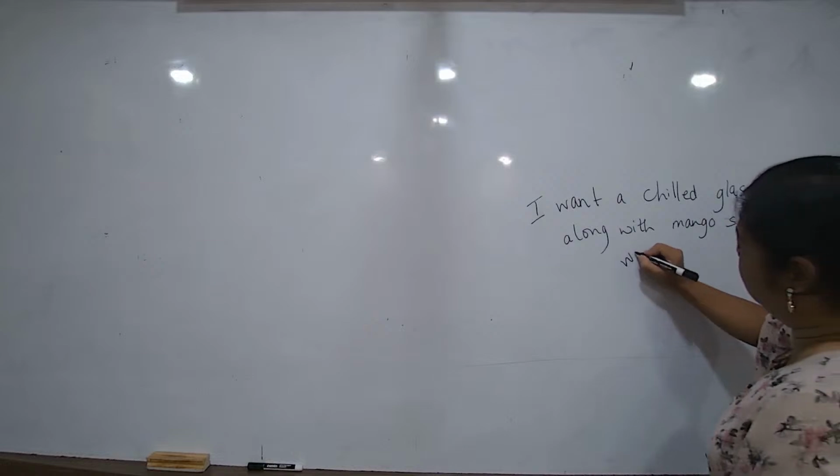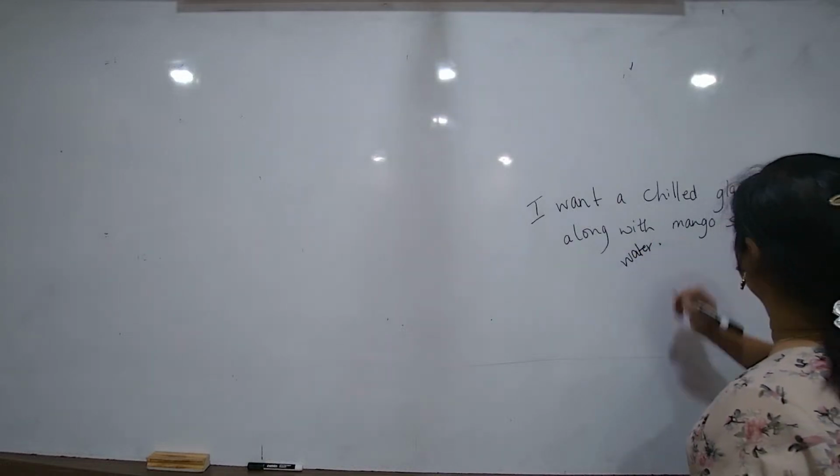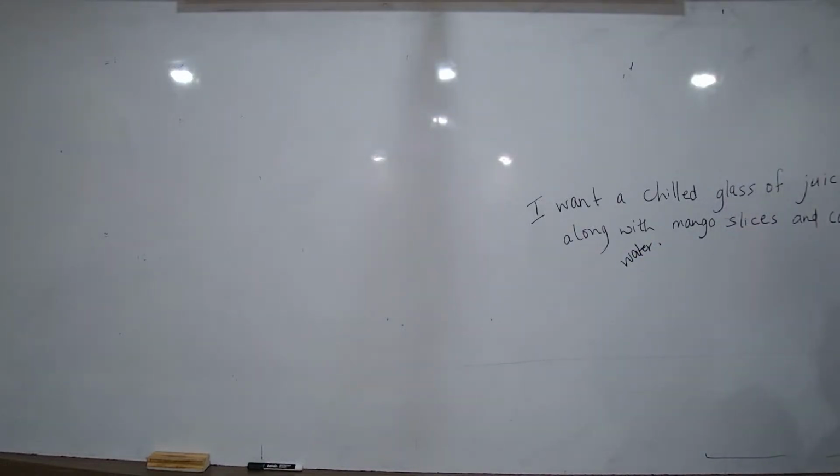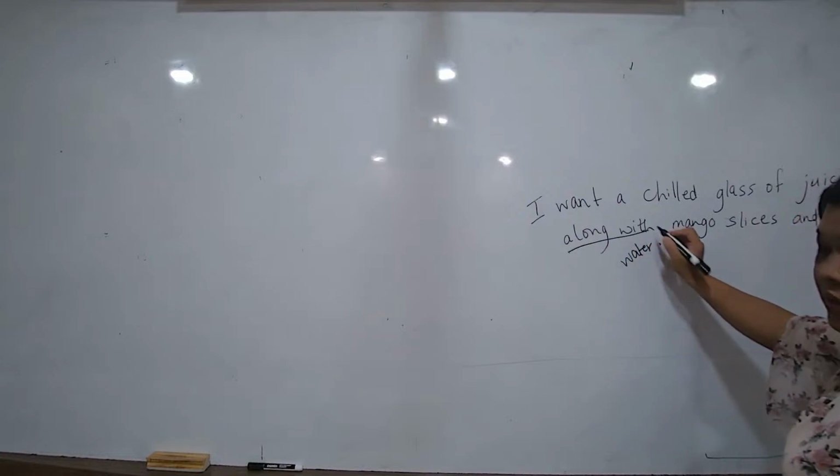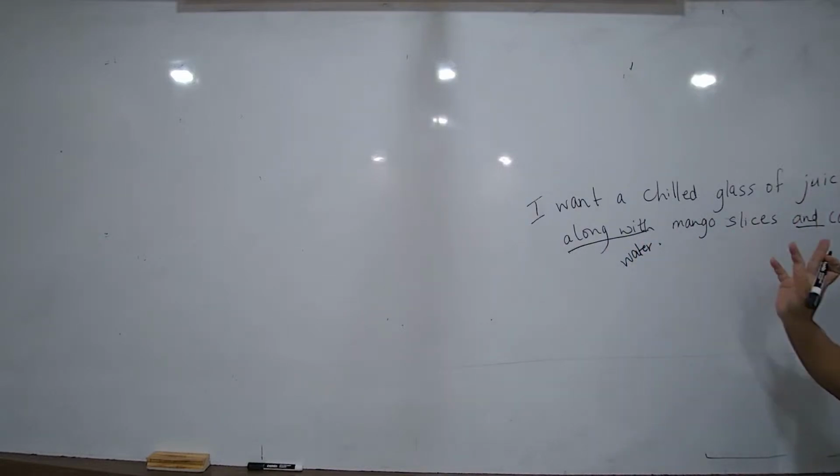What are the things I have used here? A chilled glass of juice, mango slices, and coconut water, instead of "I want". So I have used "along with", I have used "and". What are "along with" and "and"? Also. Instead of "and", I can say "also" or "as well as".